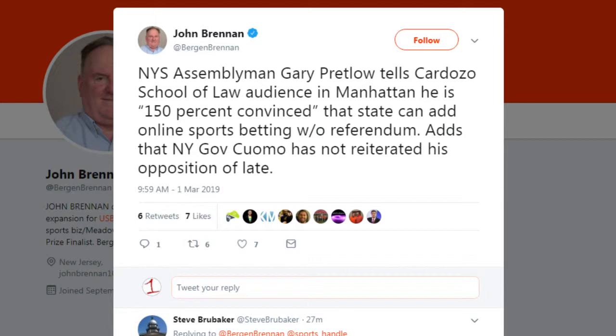Governor Cuomo has not said much about opposing online betting, though he has previously stated that online betting is unconstitutional. And most of the pundits believe that without online betting, the state will suffer in revenues, because they feel like the majority of sports betting will happen online. And they don't want just the brick and mortar casinos.